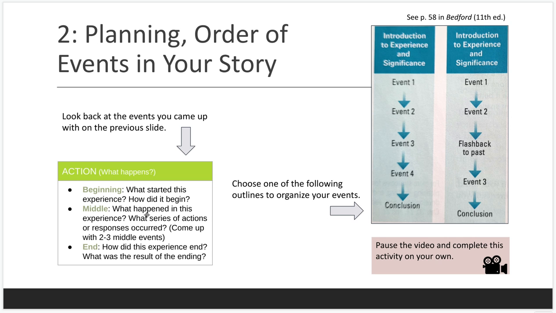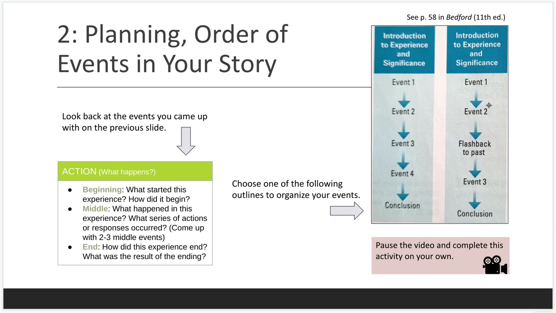So now, if you feel like your story is best told in a pretty straightforward way, this happened, this happened, this happened, then you're pretty much set. You know the chronology of events. But for some of you, especially if there was a gap in time between the moment something happened and the moment when you learned from that event, you may want to consider doing a flashback.